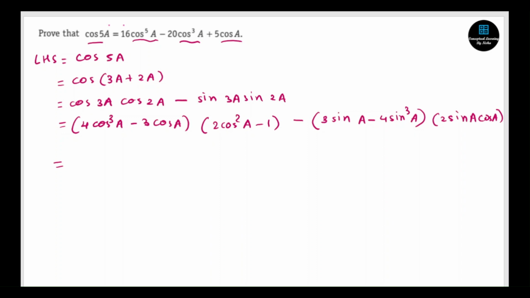And now I have to open the bracket. So what will I get? 2 times 4 gives 8 cos to the power 6.